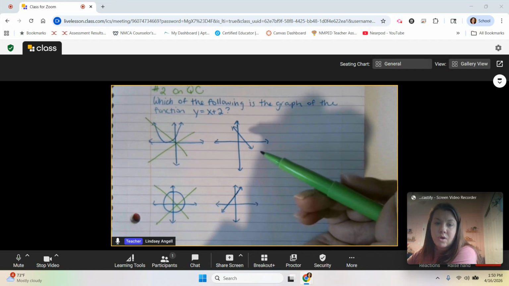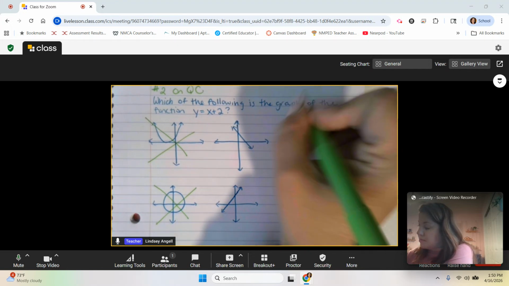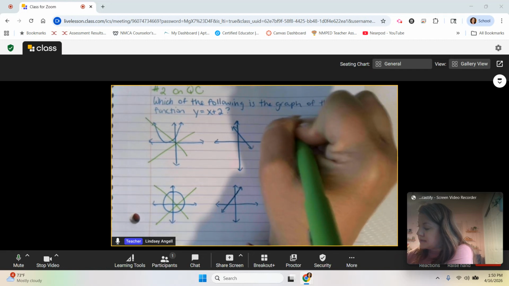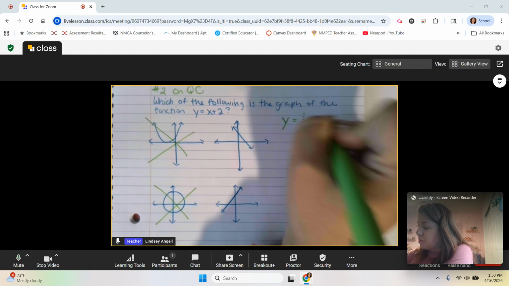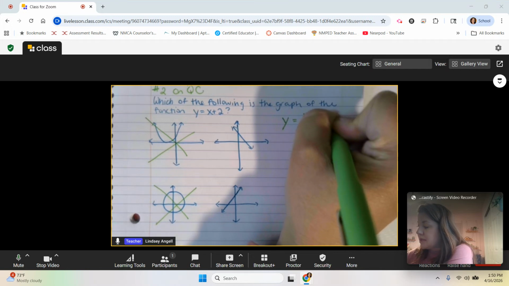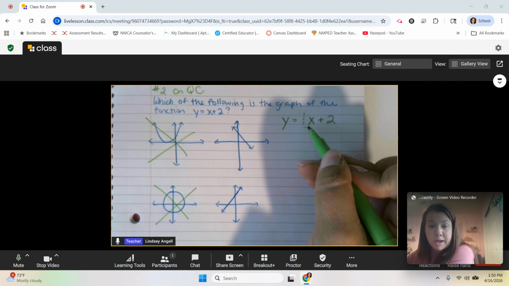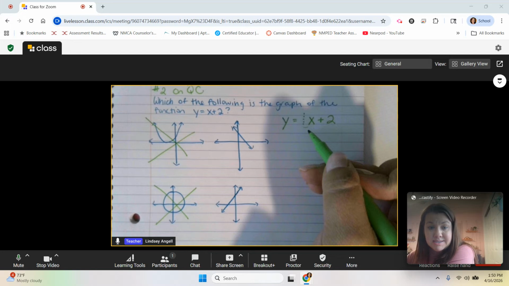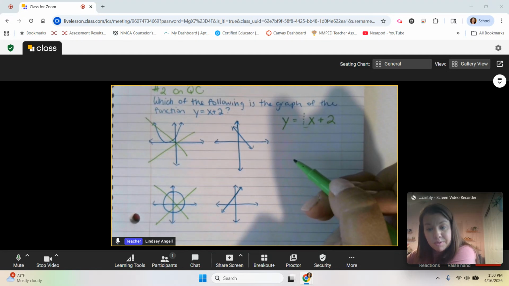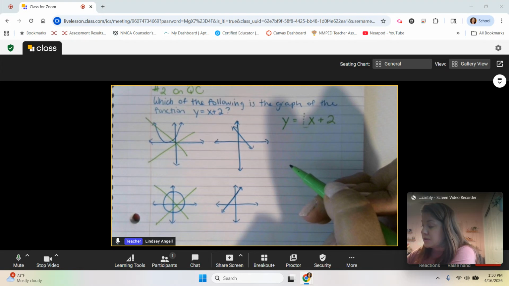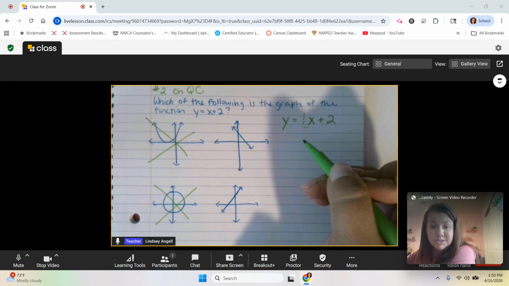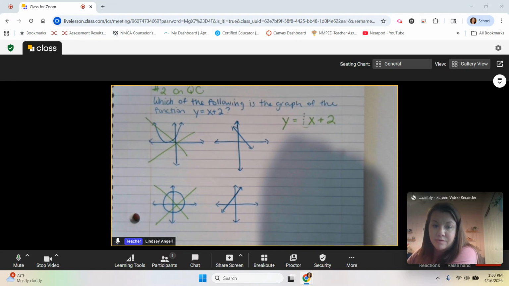Now, hopefully right off the bat, and if you remember, so if I rewrite this, I'm going to put a 1 in front of that x, which means that the slope is 1, positive 1 to be exact, okay? And if you remember from our work with slope-intercept form, if it has a positive slope, it should look like it's going uphill from left to right.